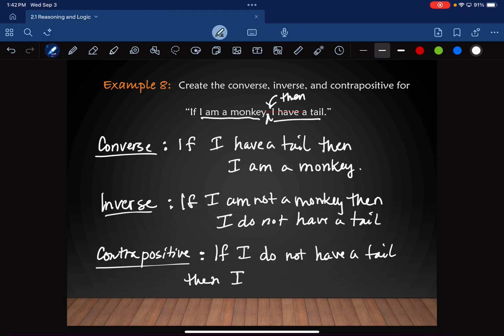Yes, then I am not a monkey. These four statements are not equivalent to one another. They don't mean the same thing. However, they do occur in pairs. Two of them mean the same thing, and two of the others mean the same thing as well.